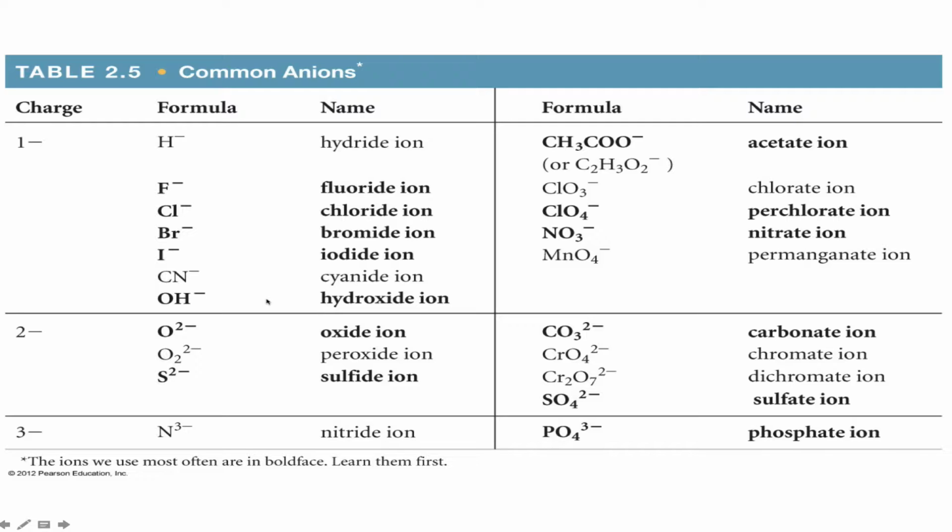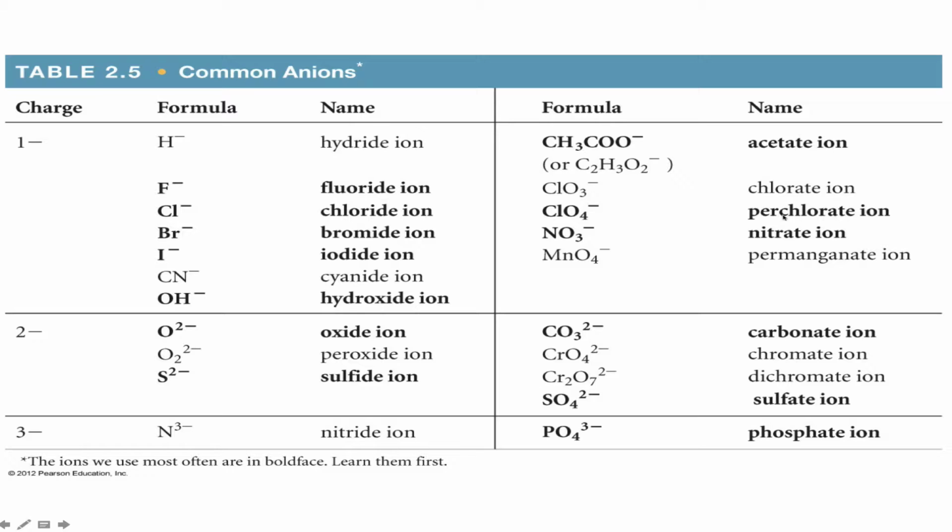Hydroxide, again, another simple polyatomic anion. We have the acetate ion, which is technically an organic anion, but commonly used in many of our laboratory experiments. So you're expected to recognize and know the name of the acetate anion.